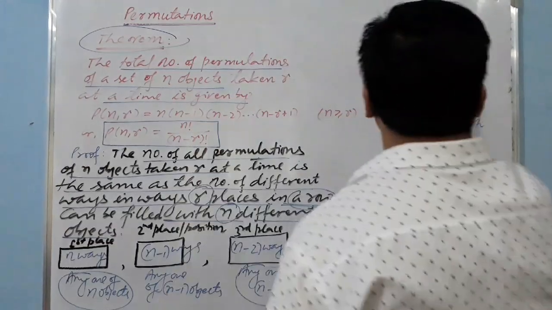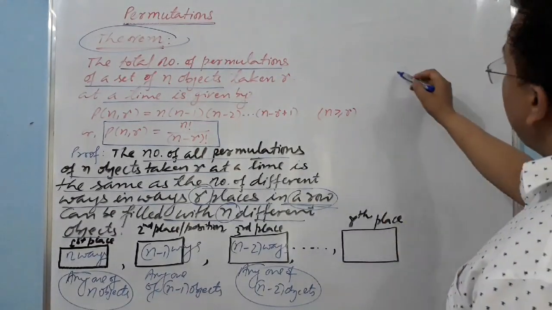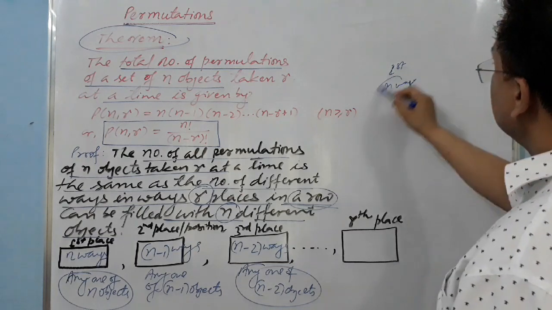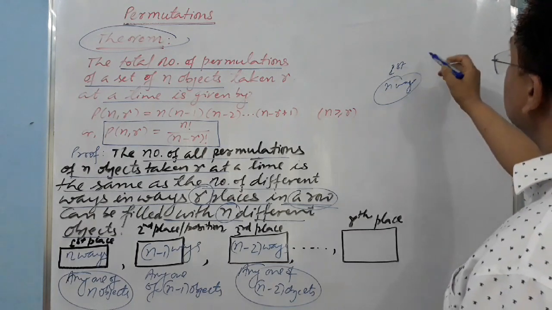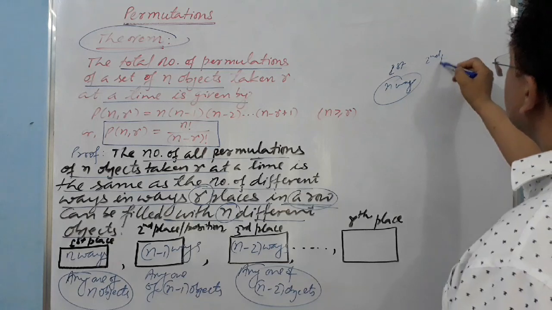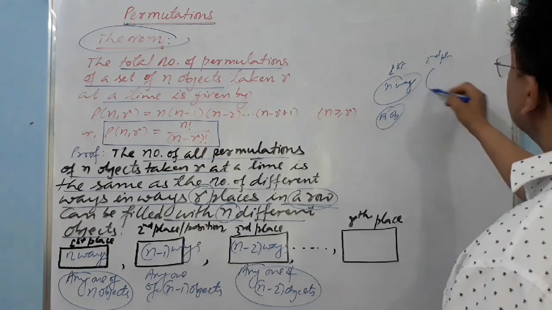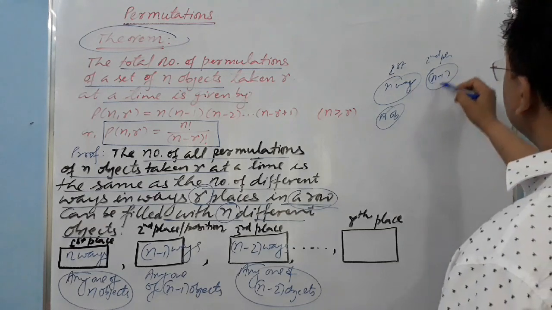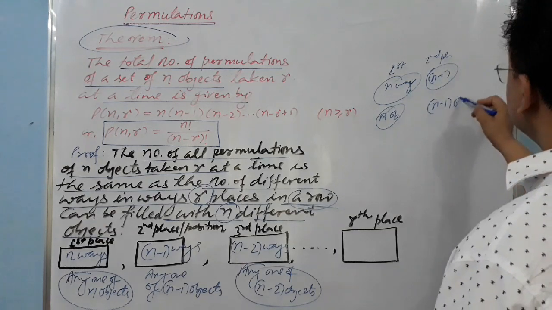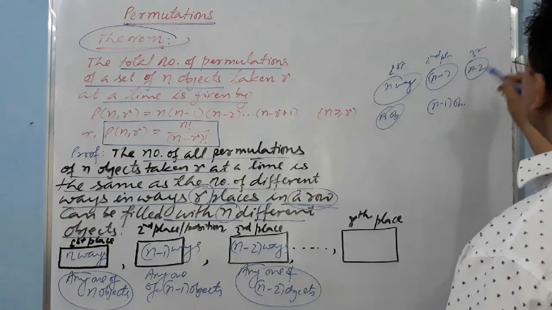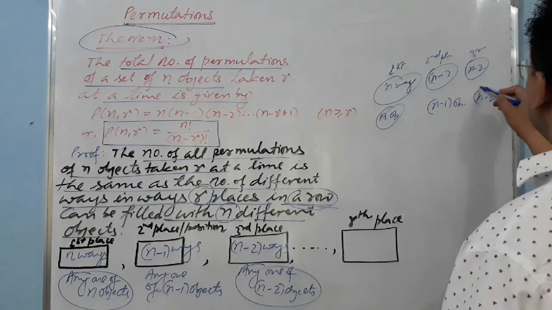Here I'm going to explain. First place, n ways, right? N objects, n ways. Second place, out of n objects, here n-1 objects. And third place, here n-2, any one of n-2 objects.